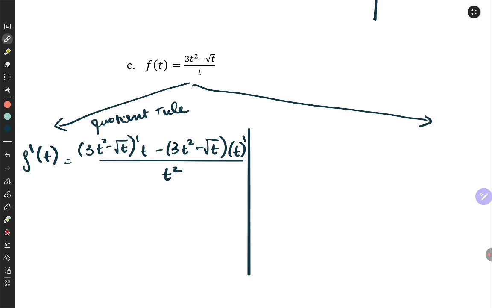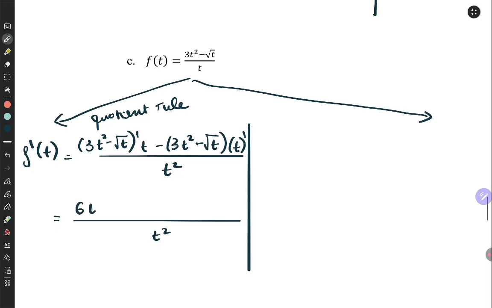Right, F prime G, F G prime, term by term. T square. F prime G, that would be 6t.